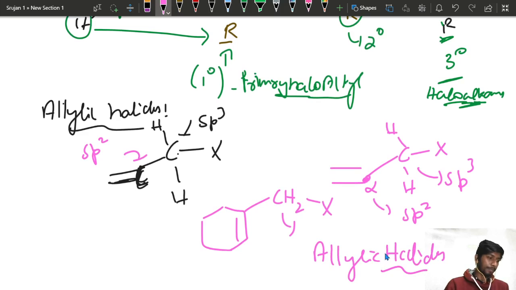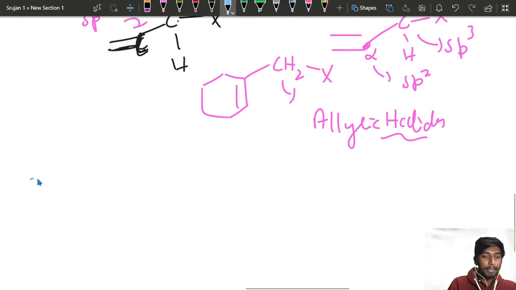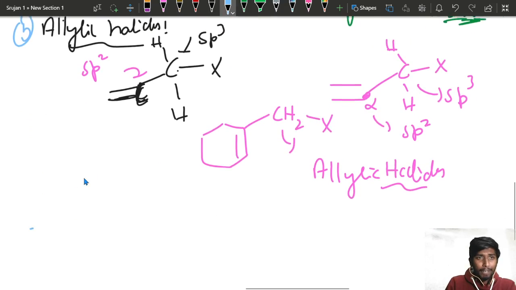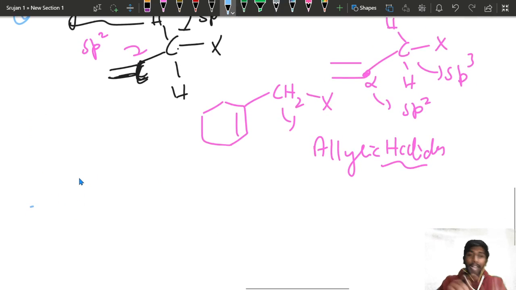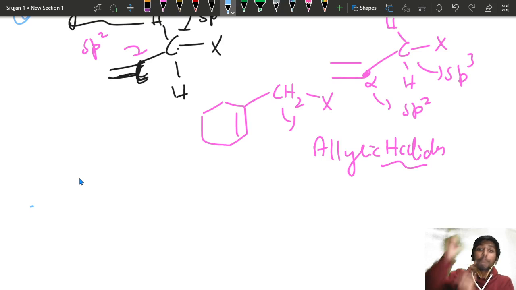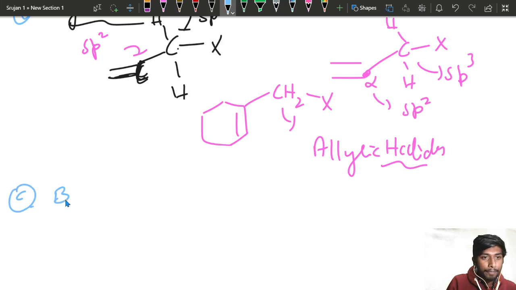Next we'll talk about benzylic halides. Benzylic halides mean a benzene group attached to a carbon that is sp3 hybridized, and for that sp3 carbon, a halogen is attached.